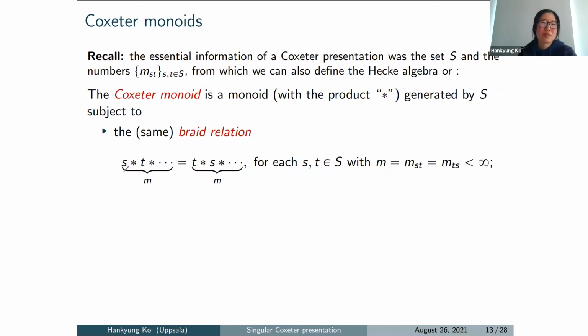On the left, you start with S, on the right, you start with T, and you multiply m elements, and they are the same. So it's exactly the same braid relation. And the quadratic relation, or the reflection relation, is replaced by this quadratic relation, which I call the star quadratic: if you multiply S with S, you get S instead of E.